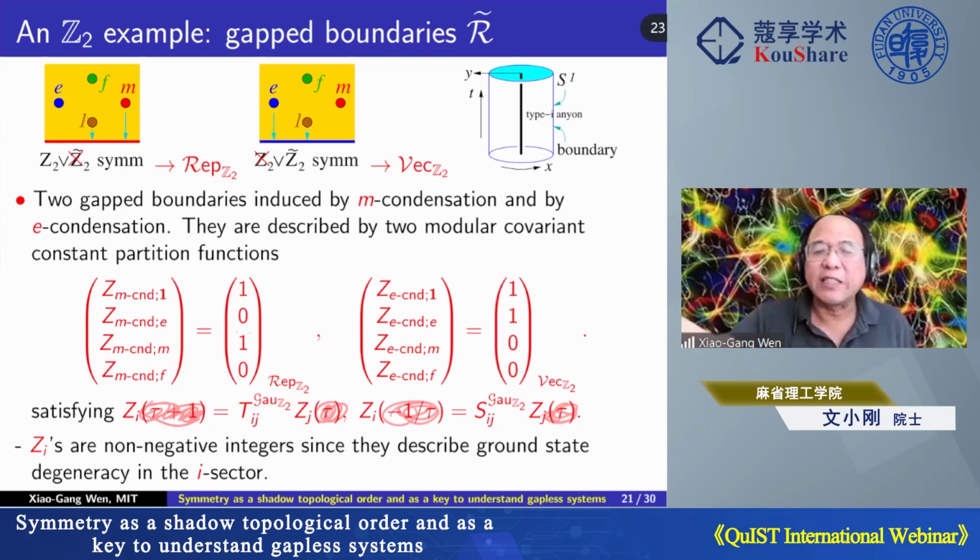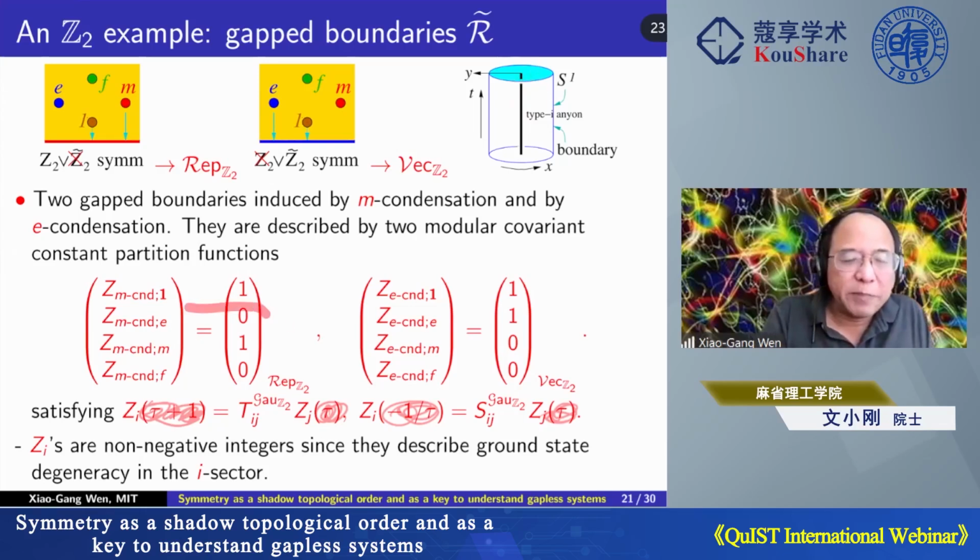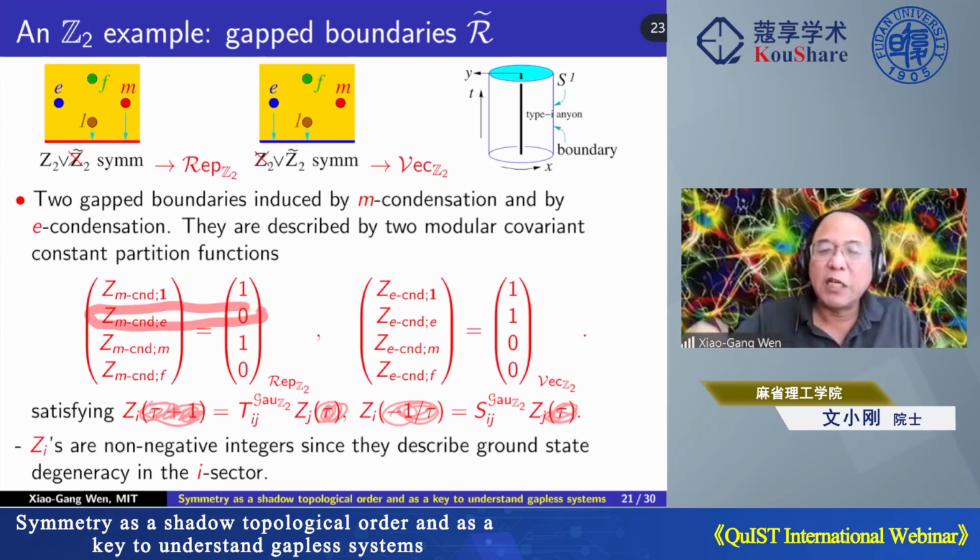That means if I insert an M particle, then we have a non-trivial boundary partition function, just like we have a non-trivial boundary partition function 1 if you do not insert anything. However, if you insert an E particle, then the partition function becomes 0. Because this boundary is M condensed, we have a non-trivial boundary excitation, the E particle.